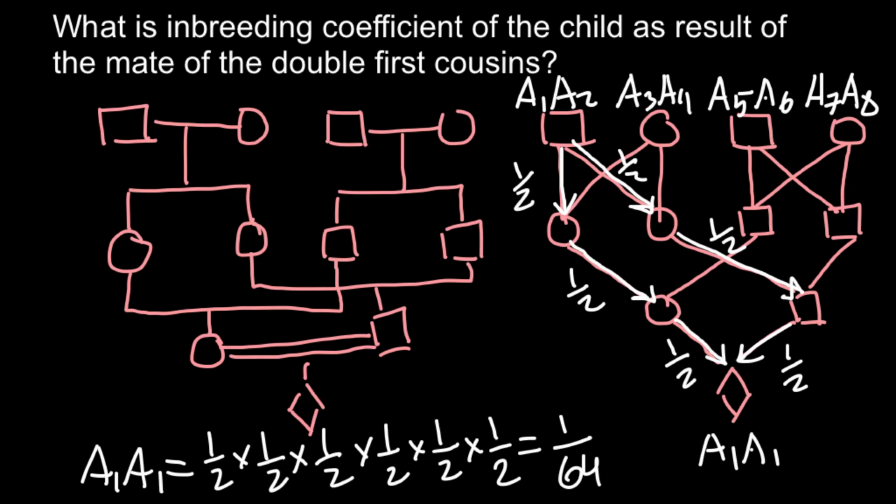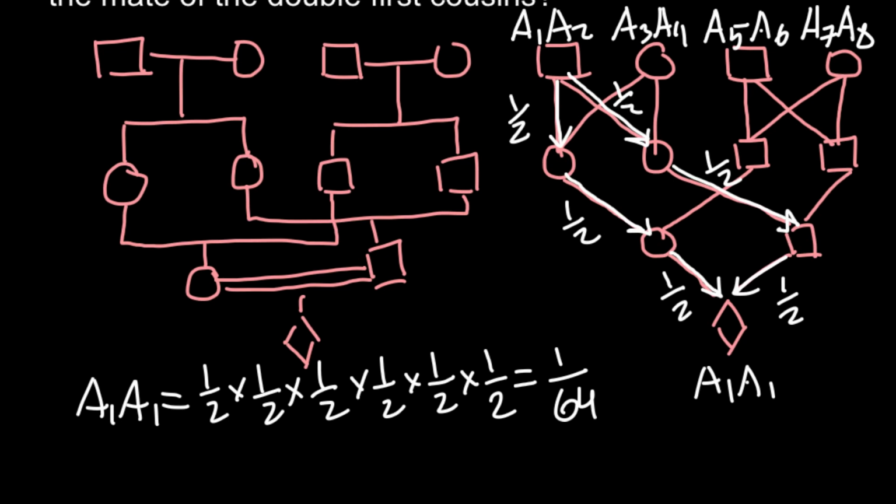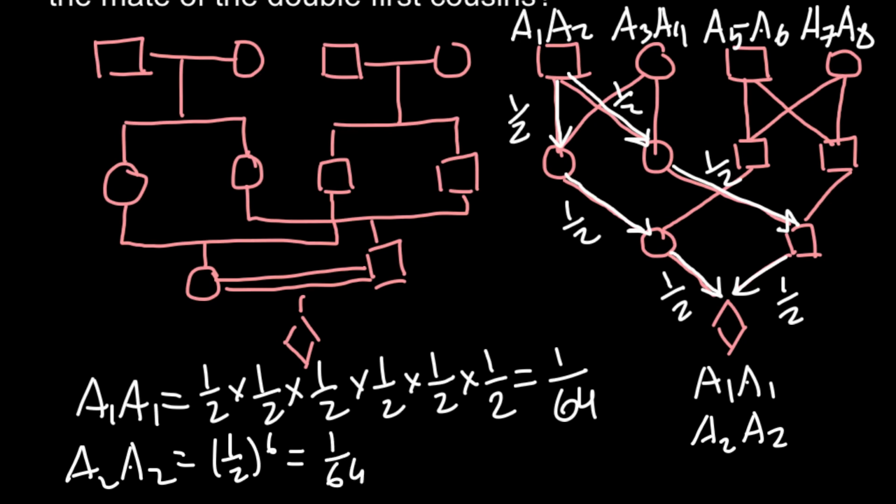And we can also say that this child can be homozygous for the A2 allele. The same pathways would give the child a genotype that is A2, A2. So the A2 genotype probability also would equal 1/2 raised to the 6th, which equals 1/64. And as for the A3 allele, this time we have a slightly different pathway.